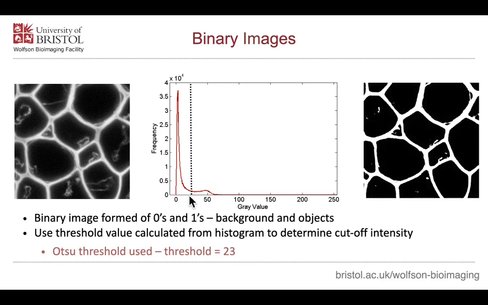So that shows just about here. And so anything that is 23 or above just gets coded as a value of 1, and anything that's below a value of 23 just gets coded as a 0. So you get this binary image, and this can be used as a mask, so you can kind of segment out areas of your image that are useful signal, and you can ignore all of the background.